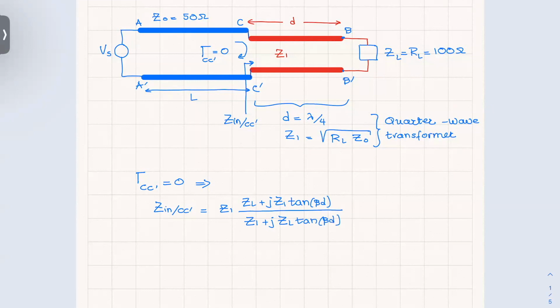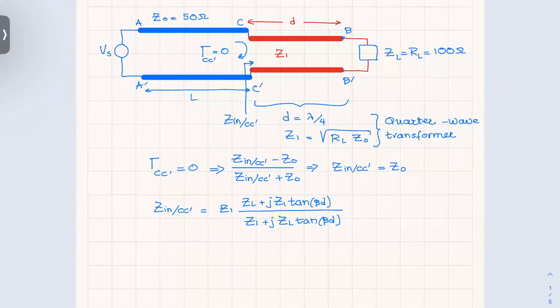Now, from the reflection coefficient here, to make it 0, what is the reflection coefficient at that point? It's gonna be Z input at CC prime minus Z naught over Z input at CC prime plus Z naught, all right? To make gamma CC prime equal to 0 from here, that implies that Z input at CC prime equals Z naught. All right? From the reflection coefficient.